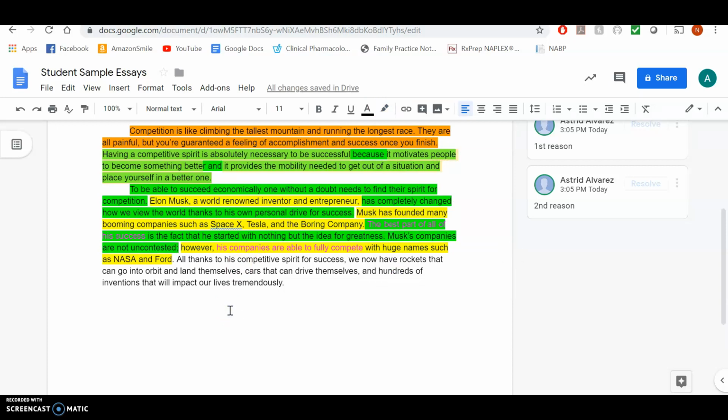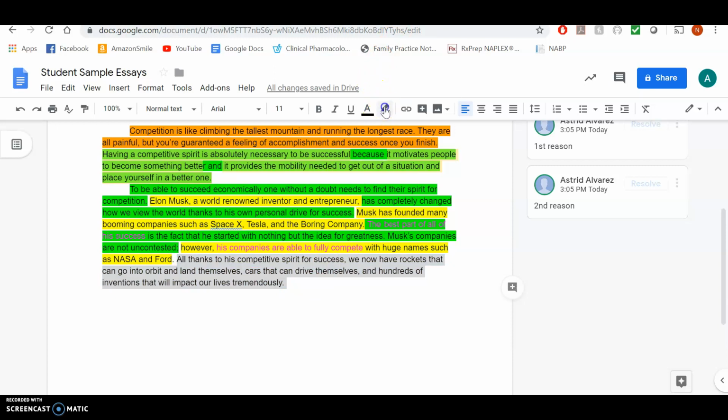And now we have our last sentence. All thanks to his competitive spirit for success, we now have rockets that can go into orbit and land themselves, cars that drive themselves, and hundreds of inventions that impact our lives tremendously. Now, this entire thing is going to be my analysis.